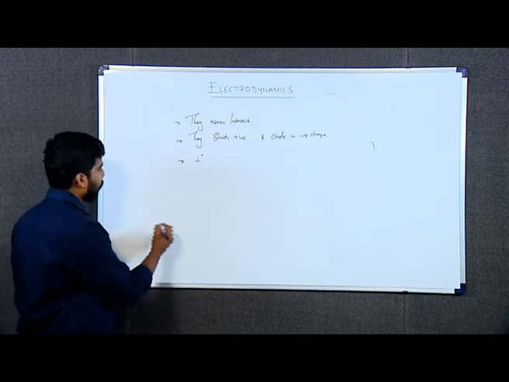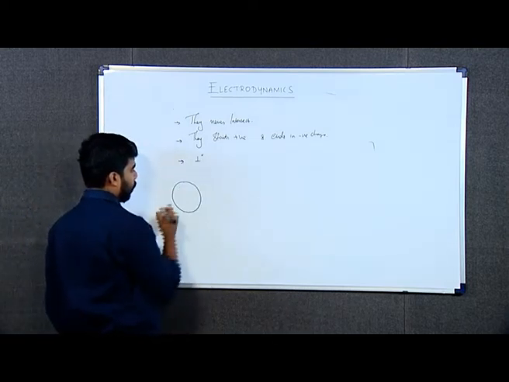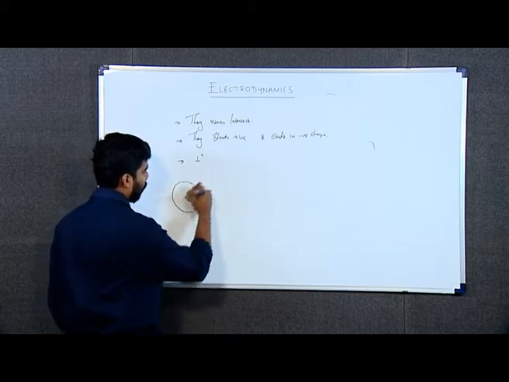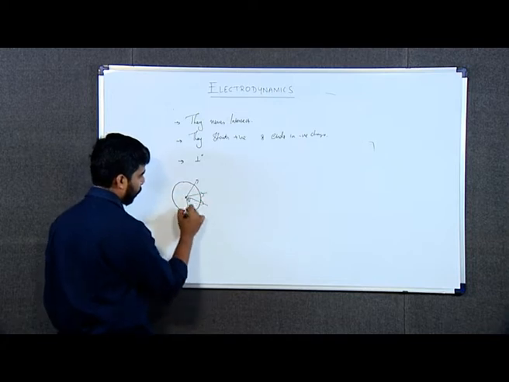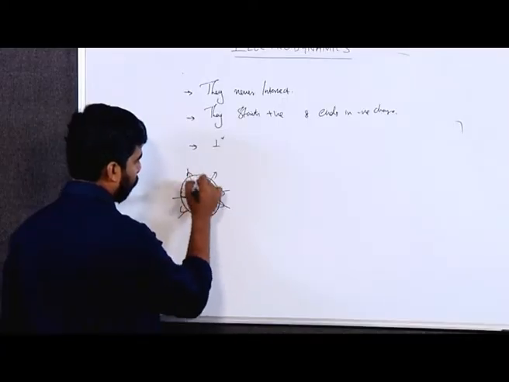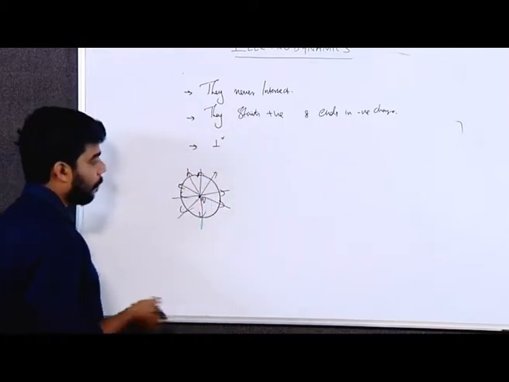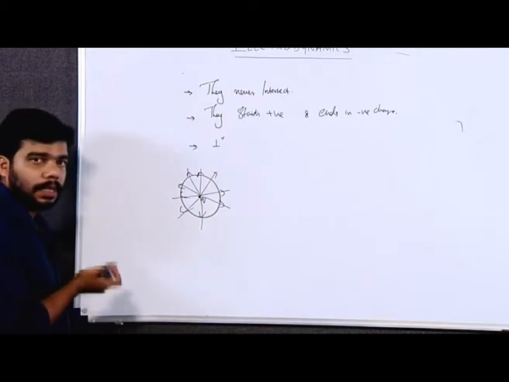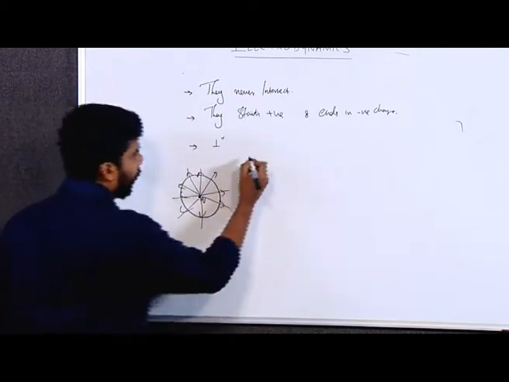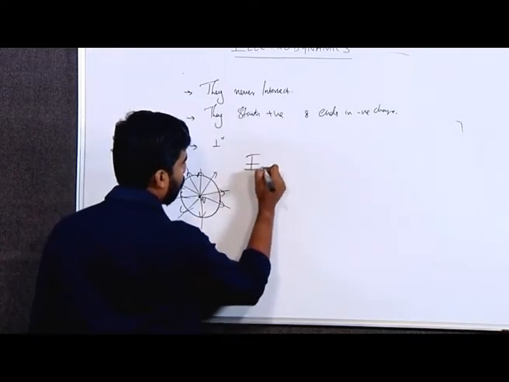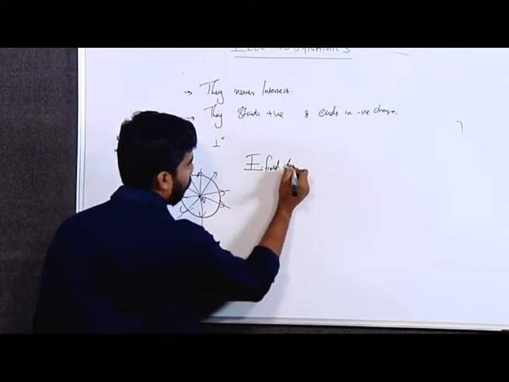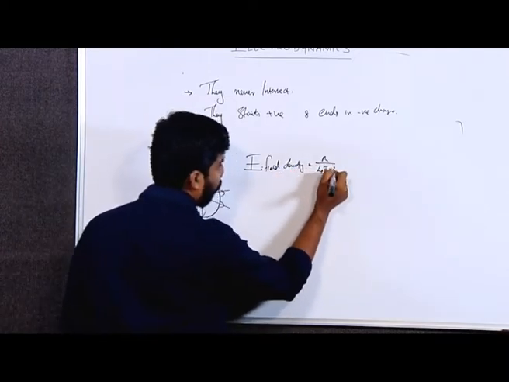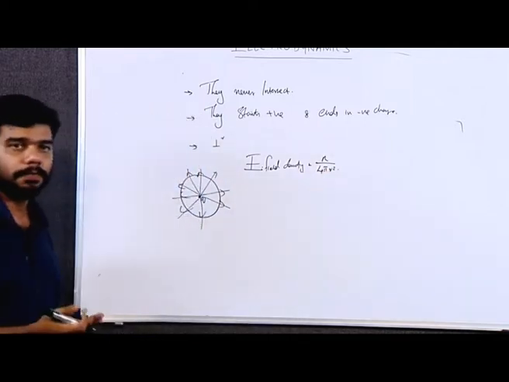So suppose you consider a sphere in which some charges are there, which creates an electric field like this, a positive charge. The number of electric field lines passing through the surface of the sphere gives the electric field density. The electric field density is equal to n by 4 pi r square, where 4 pi r square is the surface area of the sphere.